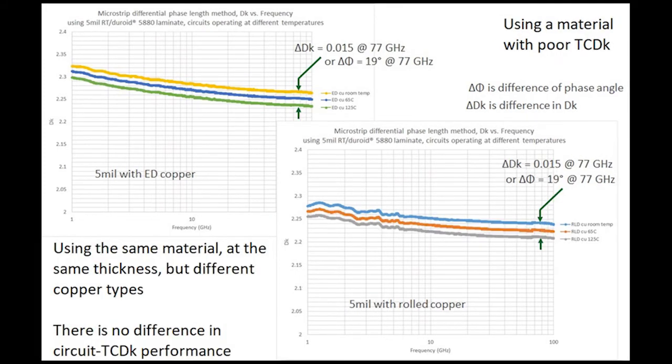The comparisons shown here are still the same material, RT/duroid 5880, and in this case they're the same thickness for substrate, 5 mils thick, so it is thin, and the conductor effects are going to be exaggerated. But in this case, what we did is we used a material with two different types of copper. So we had ED copper on one set of circuits and rolled copper on another set of circuits.